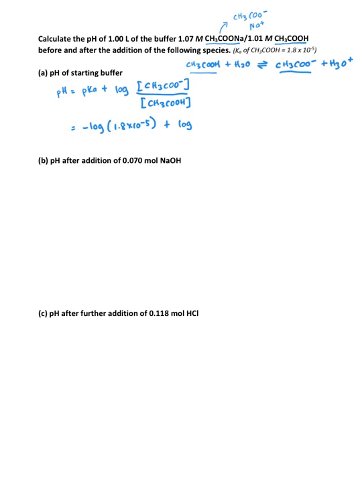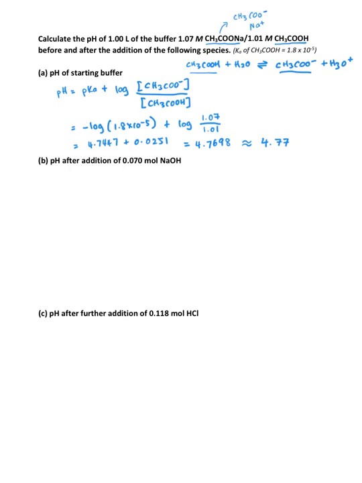We are also given the concentrations of acetate and acetic acid, so let's just sub that right in. So the pH of our buffer is 4.77.